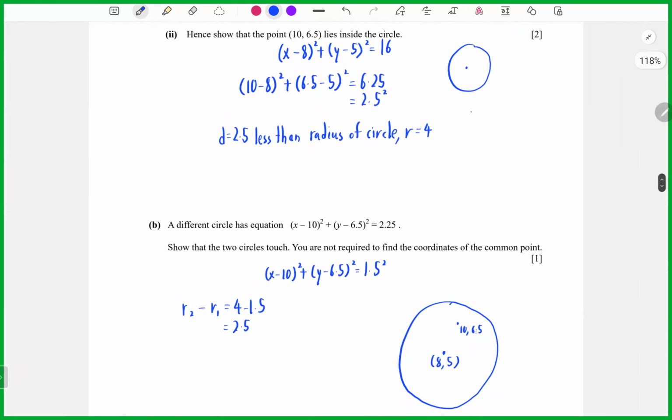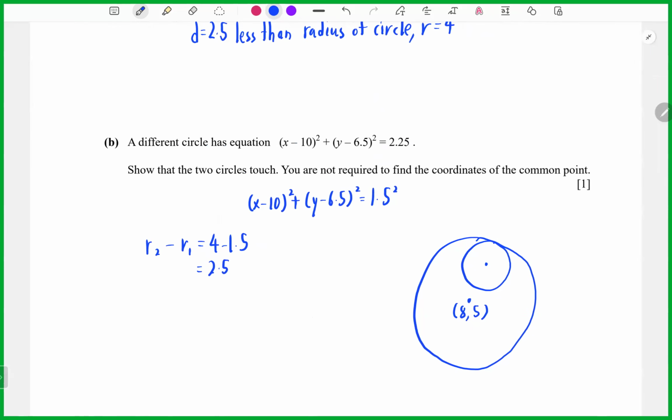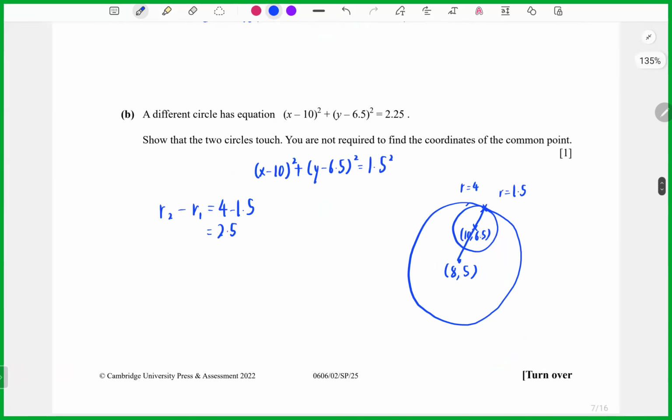As we know, this point lies inside of the circle. So we take (10, 6.5), and you will know it will be placed here. The radius is 4, right? And the small radius is 1.5. So you will find the distance between these two centers.